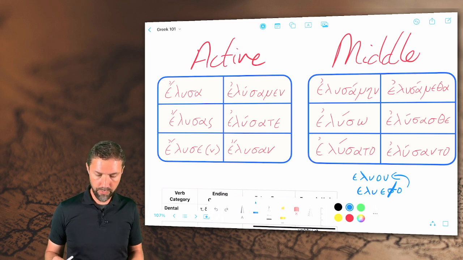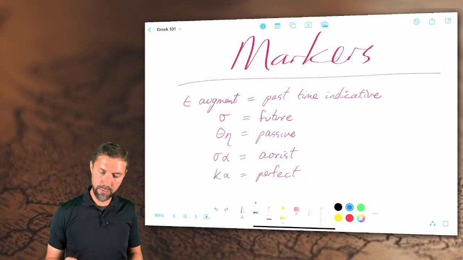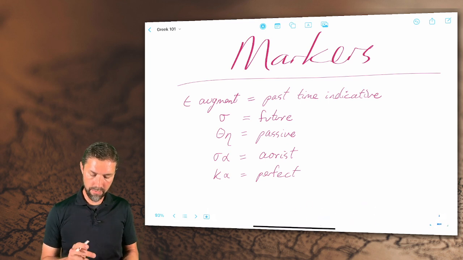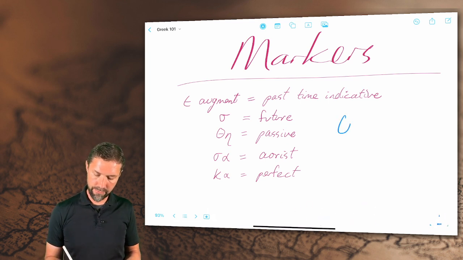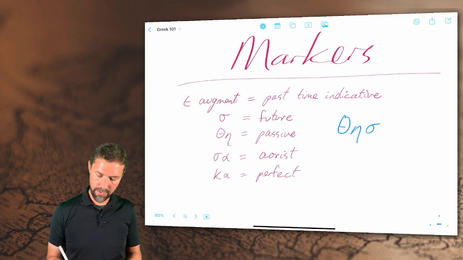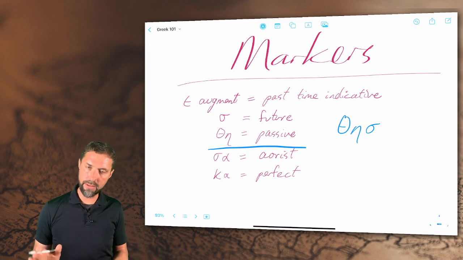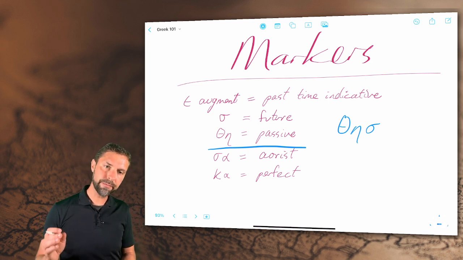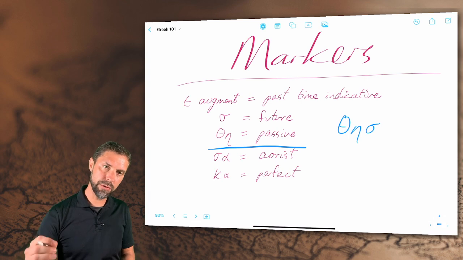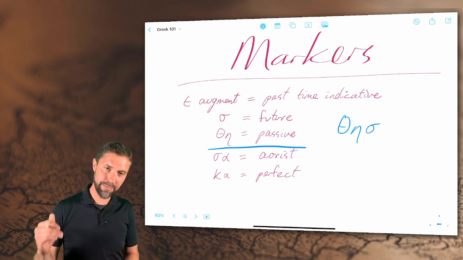Do you remember when we worked on the markers, what I called the grammatical markers? Remember we had a theta eta for the passive, and in the future, the combination of the future plus the passive gave us theta eta sigma. Well, in this case, we're just doing the theta eta passive. By the way, the theta eta pattern will only be used in the future passive and the aorist passive.